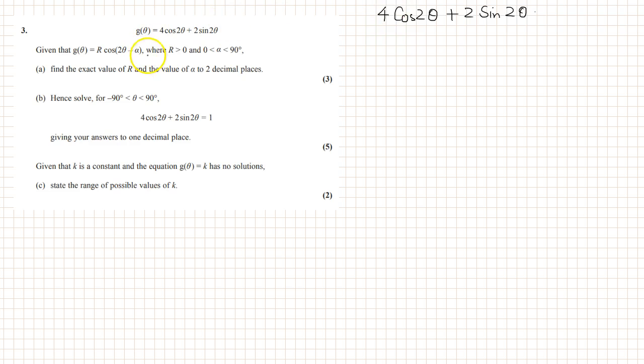And this is R cos(2 theta plus alpha), so that will be cos(A minus B), cos A cos alpha plus sin A sin B. This is g(theta) and this is also g(theta).